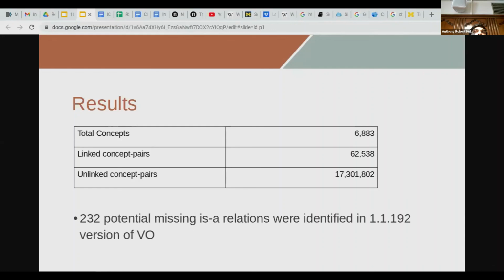What we are able to find out are the corresponding linked pairs for each of the unlinked pairs. So what we can assume is that if there is a relationship that we are suggesting and it's backed by multiple linked concept pairs, we can probably use that as a confidence score in terms of how feasible the prediction is. So that's one of the methods, I guess.